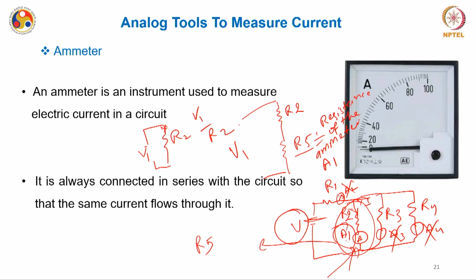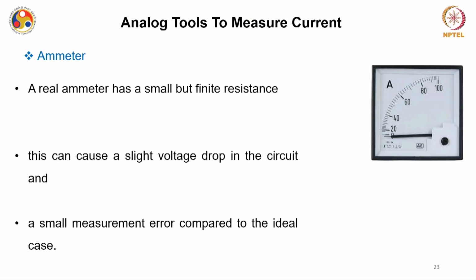Now the current value will be V1 by R2 plus R5. So the overall resistance of this branch has increased, maybe not that significantly, but it has increased, because of which the current will drop. So the current value is decreasing when you connect an ammeter, meaning it is directly influencing the parameters of the circuit.